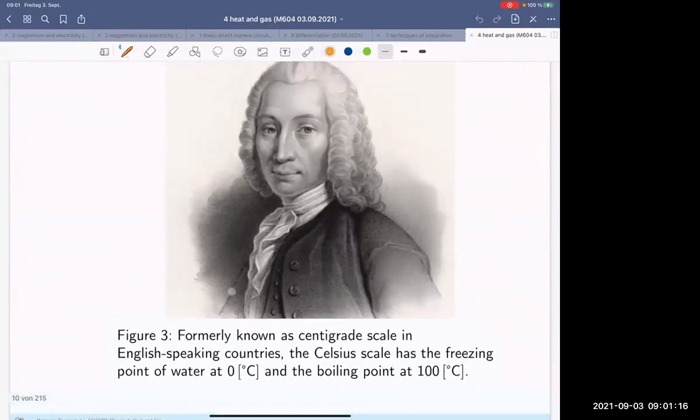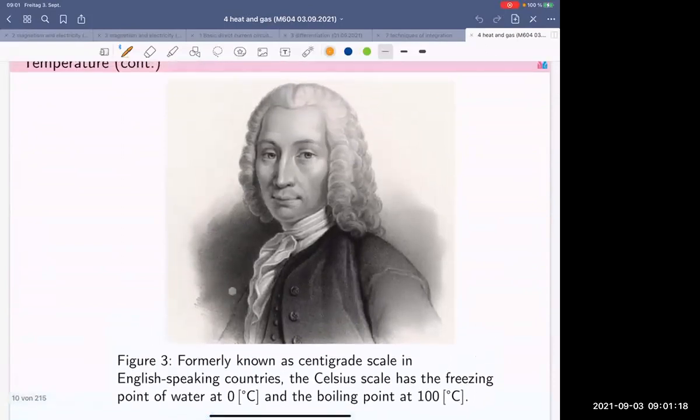The most familiar one is centigrade. Centigrade seems to be an ancient word. It's not a modern word, and we used it for a long time, even while I was a child in my secondary school.